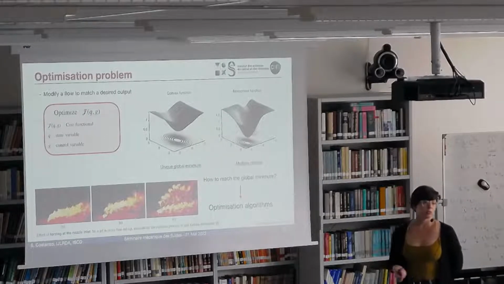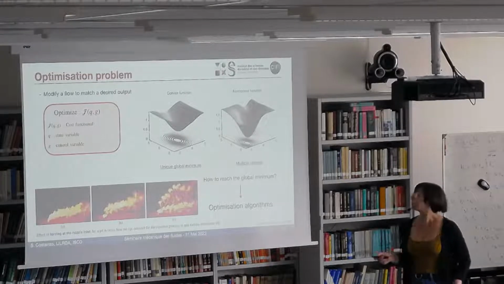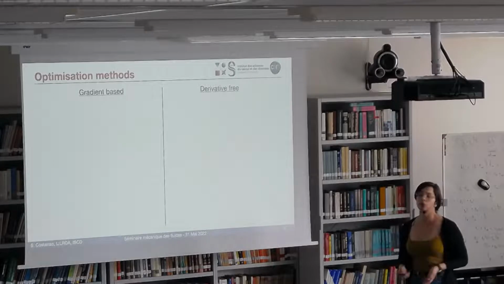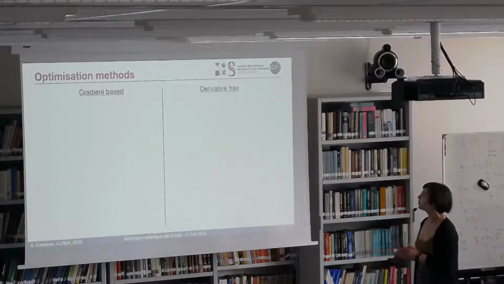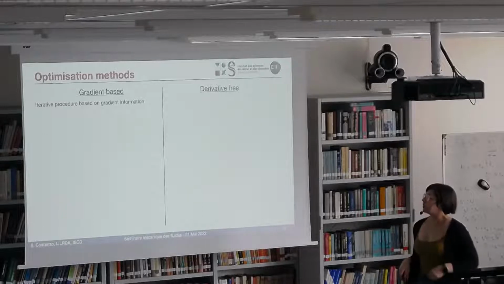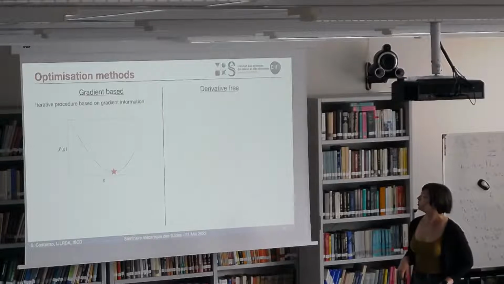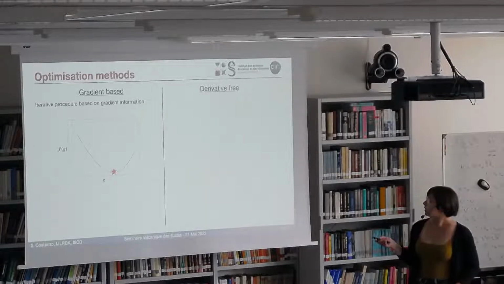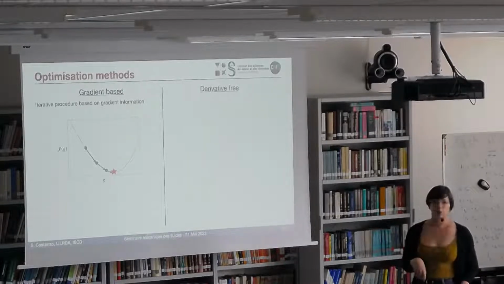How do we get to the global minimum? We use optimization algorithms, which are divided between gradient-based methods and derivative-free methods. In gradient-based methods, we have an iterative procedure based on gradient information. If this is our cost function in 1D, we start from an initial condition and we move toward the optimum using the gradient.